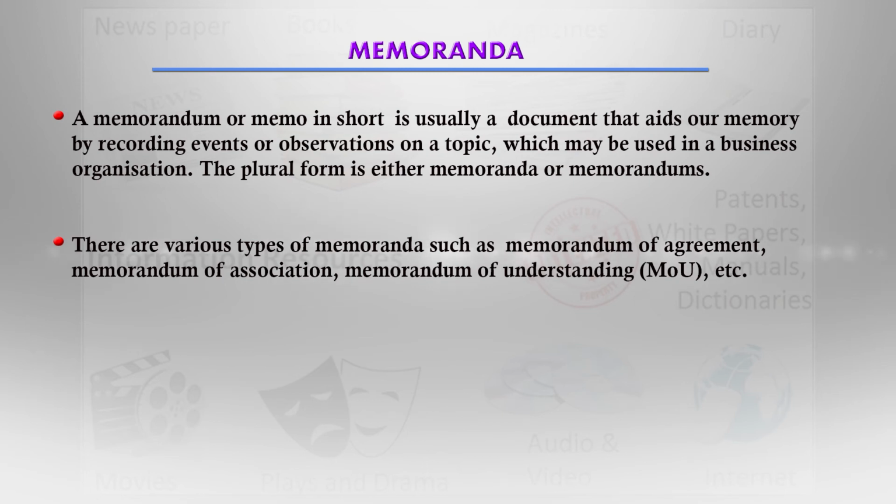Then memorandum of association, like an association between two countries or two partners. And then memorandum of understanding, meaning an MOU signed by two parties. So, the information contained in these memorandums is very useful, and it is primary information that is not available elsewhere.